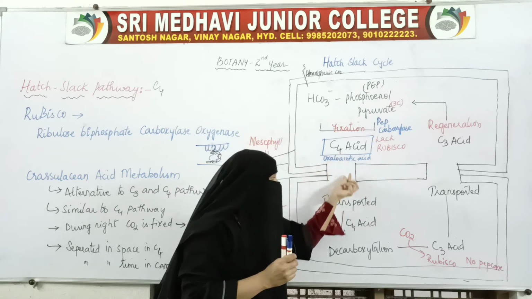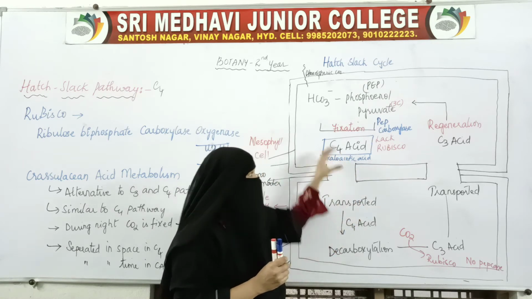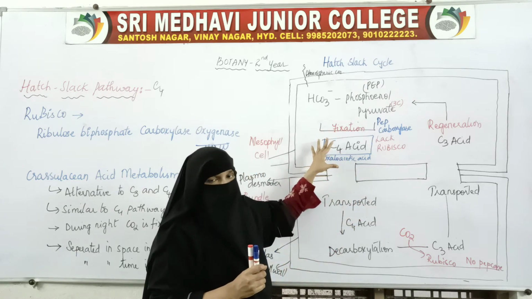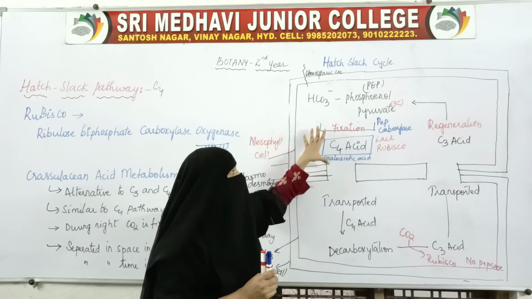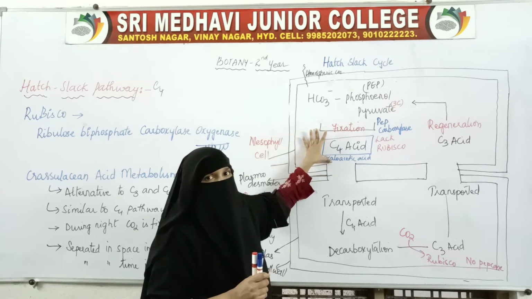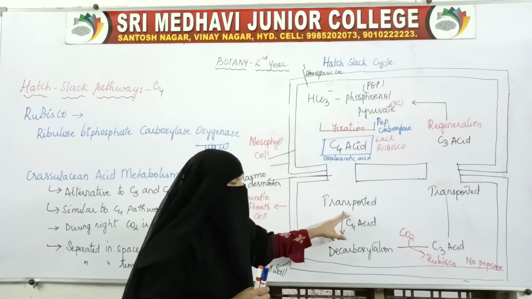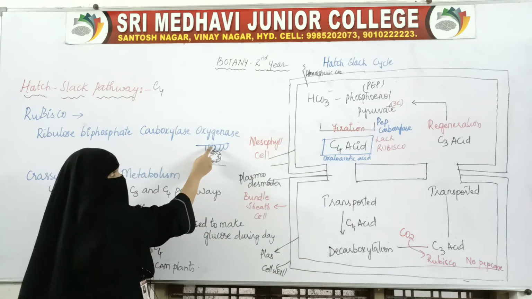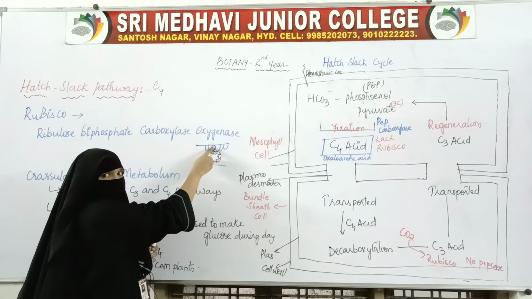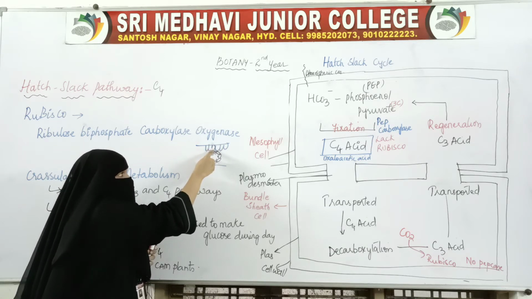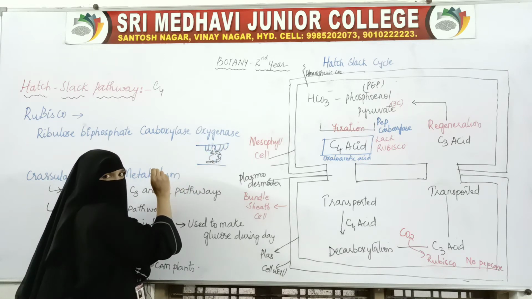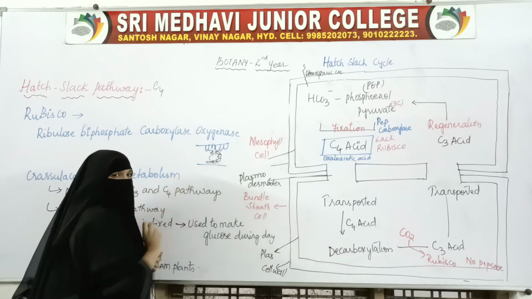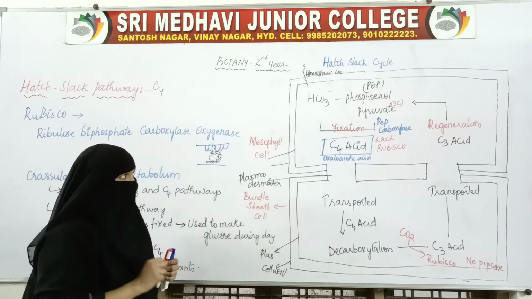Then it will be transported. The C4 acid, which is formed in the mesophyll cells, will then be transported to the bundle sheath cells.